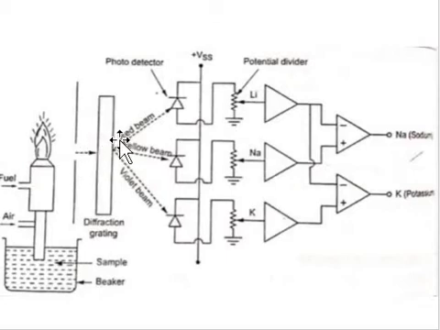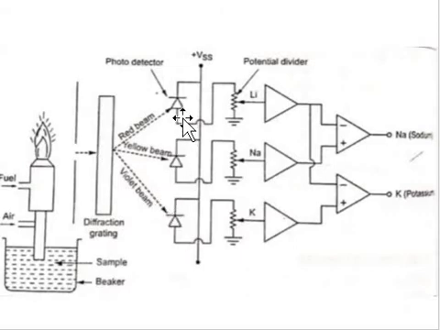And here is a diffraction grating, and that light is diffracted onto three diodes. So this is a red beam lithium detector, this is a yellow beam sodium detector, and this is a violet beam potassium detector.